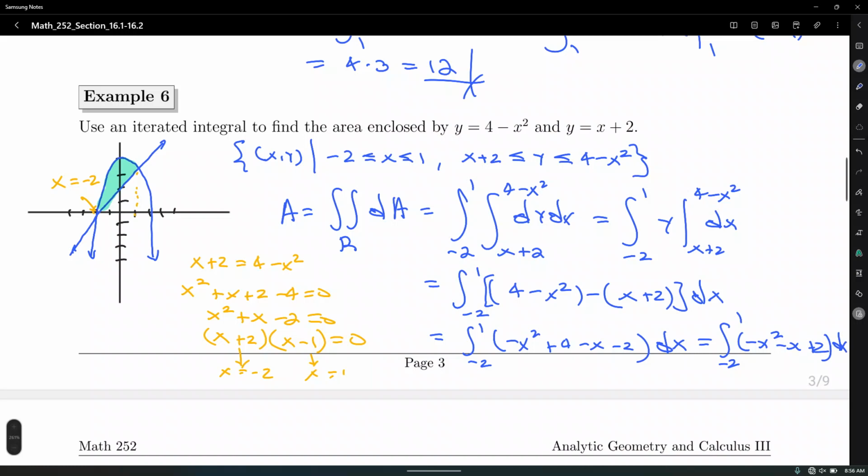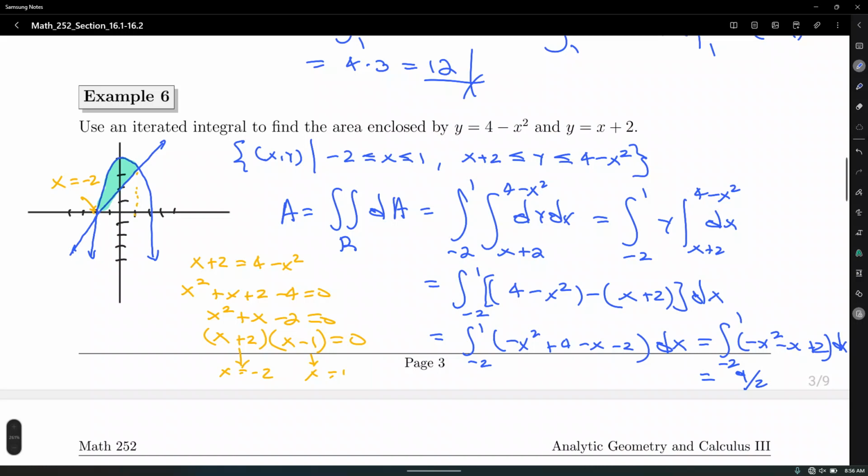I think you know what this is about, right? Just integrate each term, upper limit minus lower limit, fundamental theorem. That gives a result of 9/2 units, which could be centimeters squared or inches squared, depending on the scale or the application. All right, so that's how we apply double integrals to find areas between two curves.